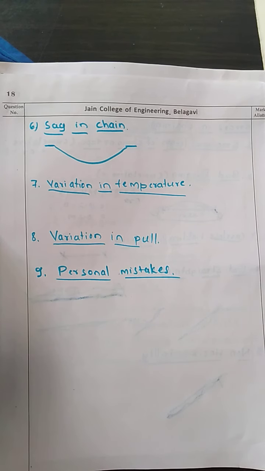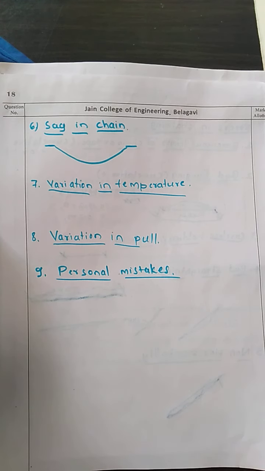Then the measured distance is less and the error is going to be negative. If the temperature is high, the chain or tape length will increase, and if it is less, then it may decrease. So due to that also we are going to have some error.